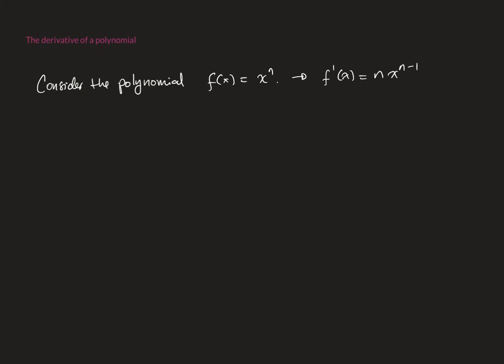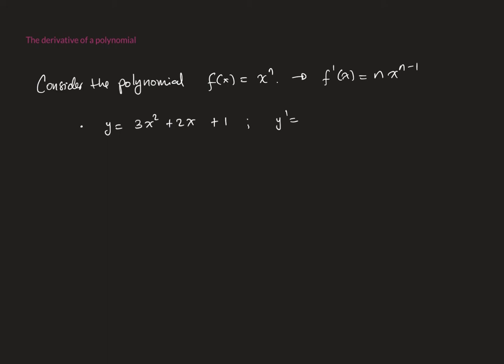Now what if the polynomial has multiple terms? For example, take the function y equals 3x squared plus 2x plus 1. In this case, you have to differentiate each of the terms independently and then keep them in the sum as you had them originally. What I mean by that is, in this case, y dash is going to be, first, we need to do the derivative of 3x squared, following this rule.